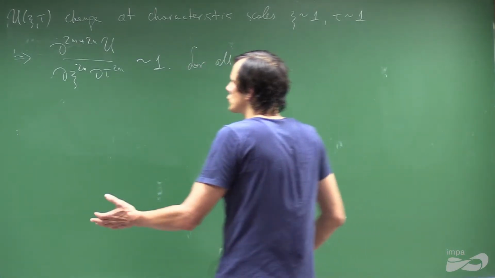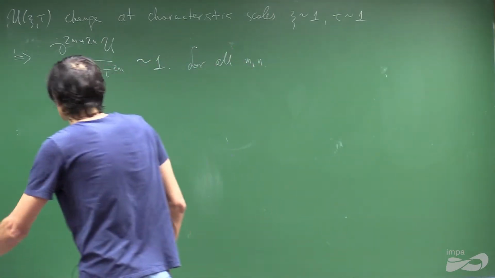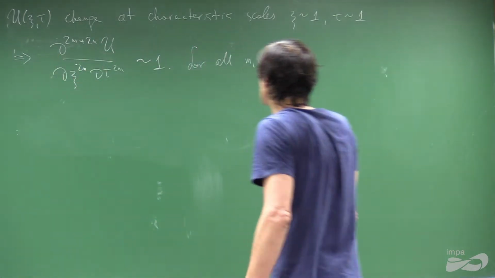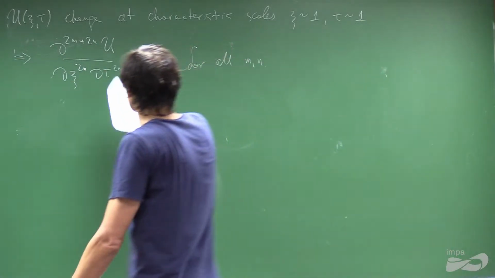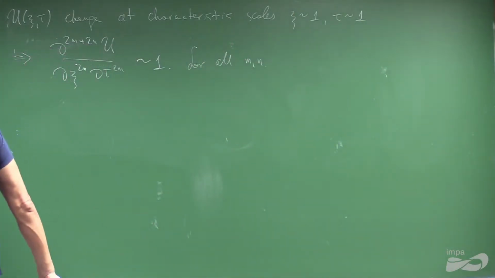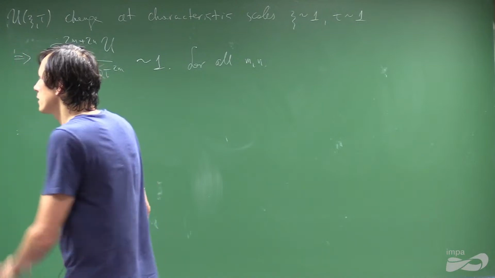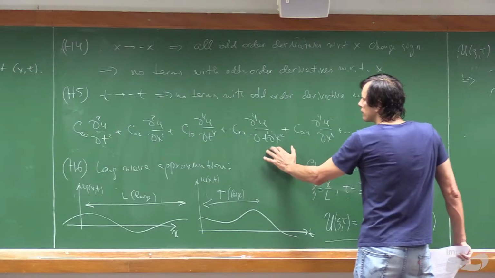The function just changes at distance 1, which means that all derivatives of the capital function U are more or less of order 1. And then let's see what it gives for these functions.